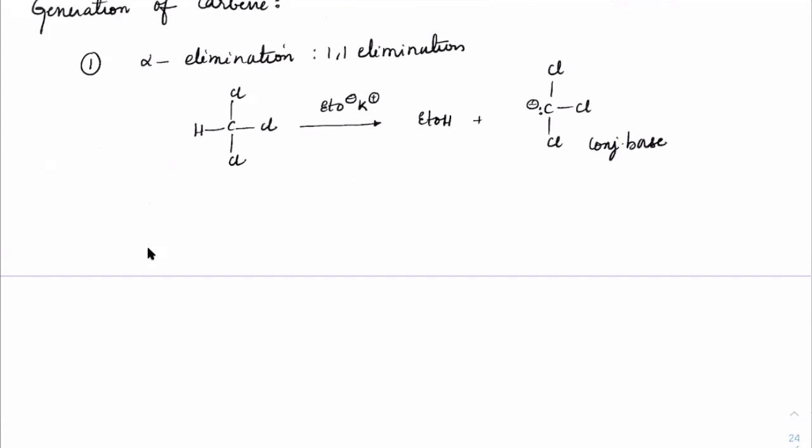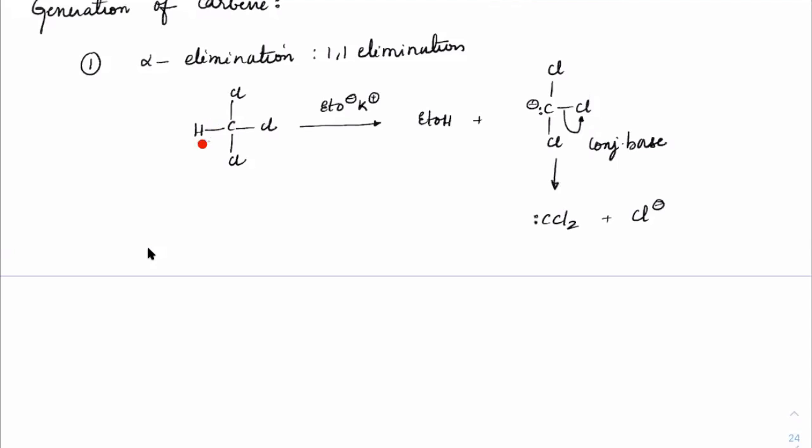Now this conjugate base is an unstable form. What will it do? It will immediately dissociate, it will remove this chlorine, will take away electrons and come out as Cl minus and generate CCl2 plus Cl minus. So what happened? Elimination happened from the same carbon.